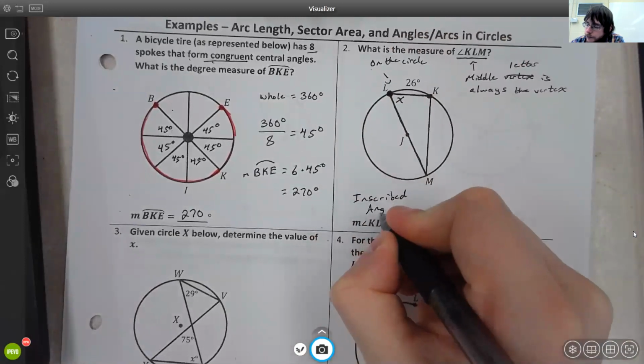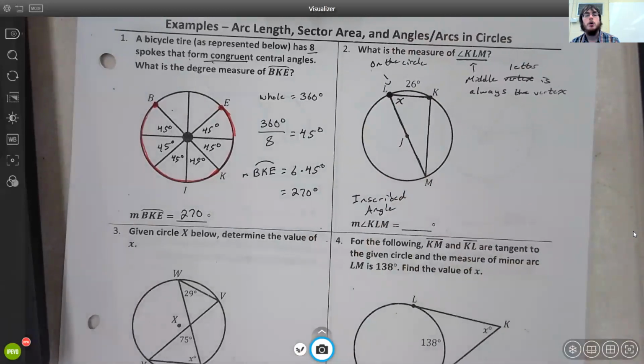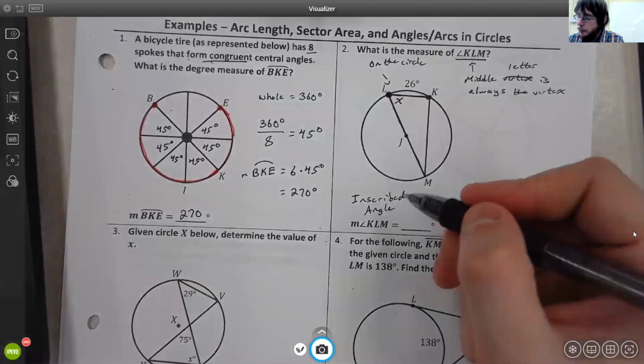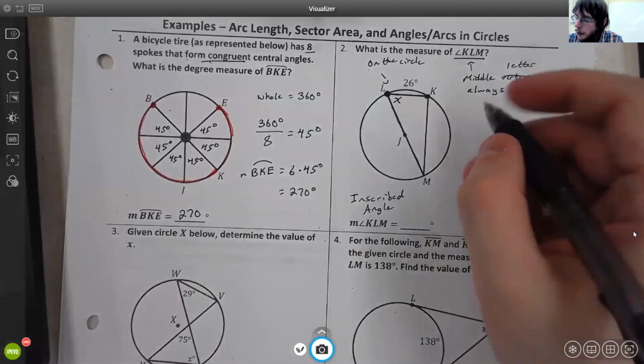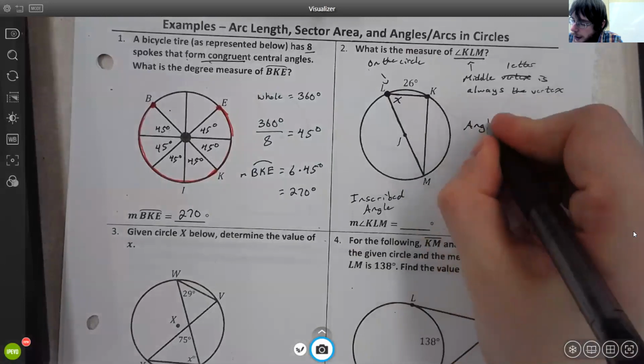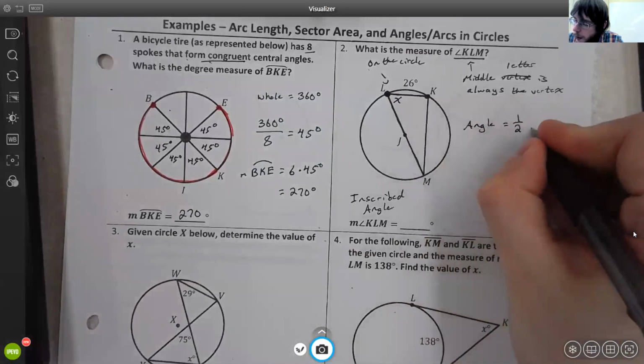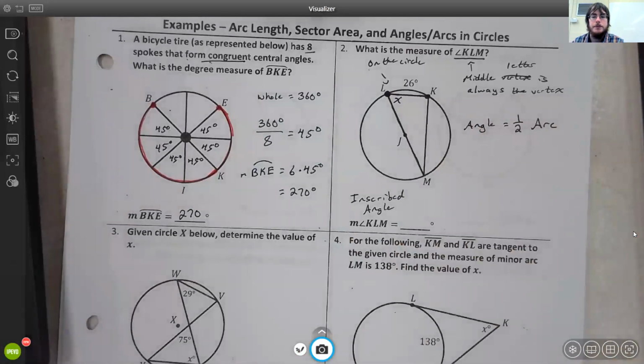Now, in order to determine the inscribed angle, we need to determine what its arc is equal to. Because the relationship between the inscribed angle and its arc is that the angle is equal to 1/2 of its arc.